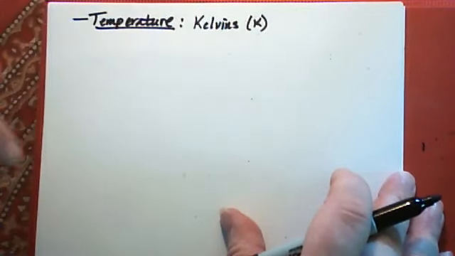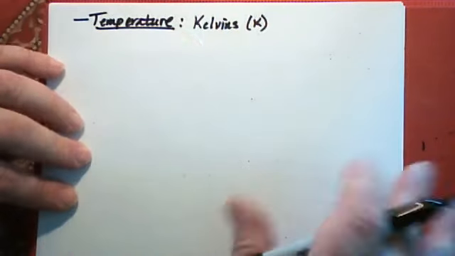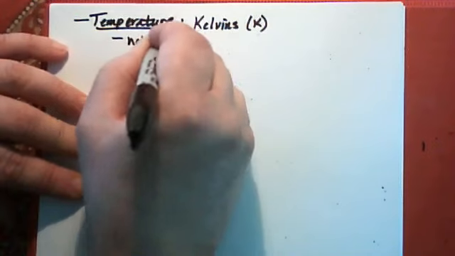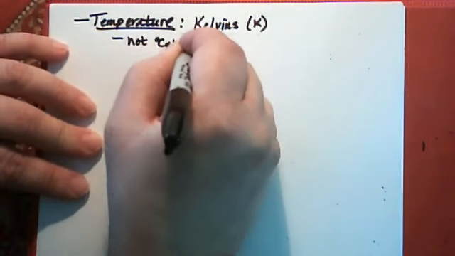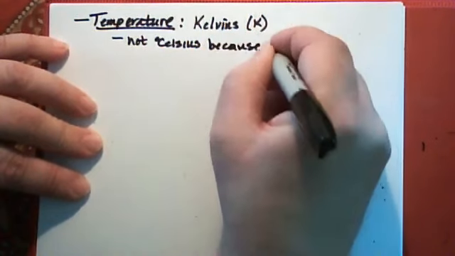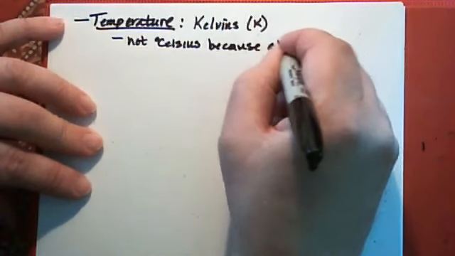Named after Lord Kelvin, who back around 1900 or so did a lot of experimentation involving low temperature things. And it's not Celsius, because what we needed was an absolute temperature scale.